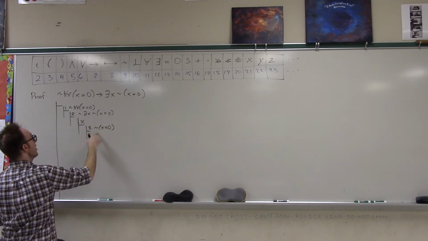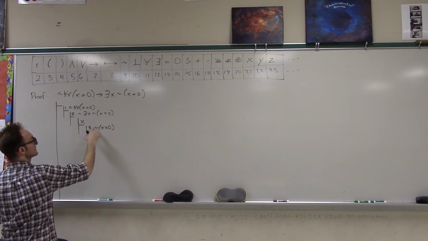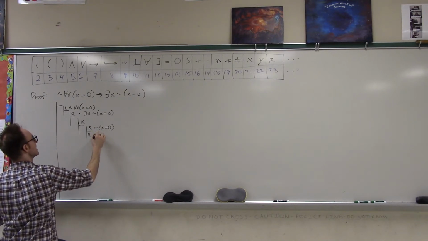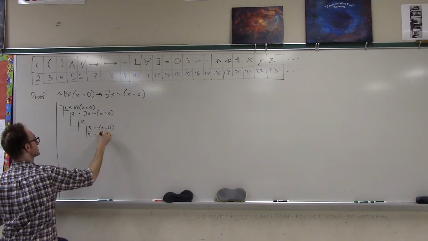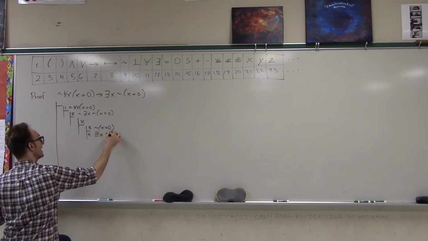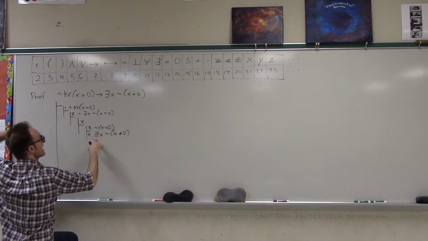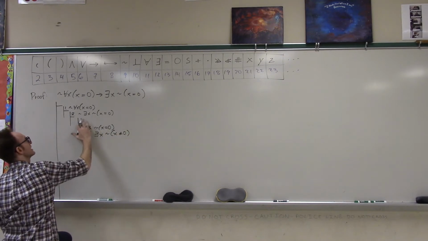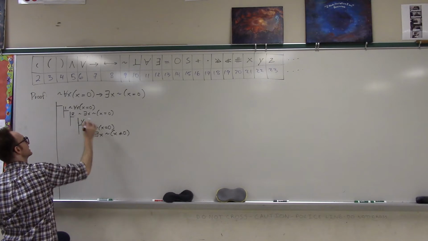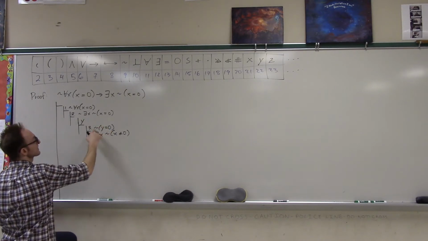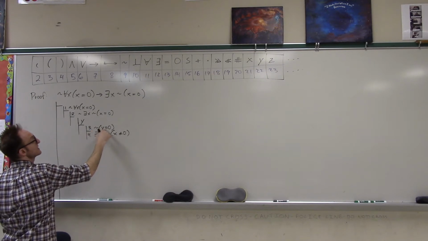But now, if it's not the case that x is 0, that means that there exists an x such that x is not 0. And therefore, maybe I use a different letter here. Maybe I use y just to keep it a little fresh. So take an arbitrary y, show that it's not the case that y is 0.